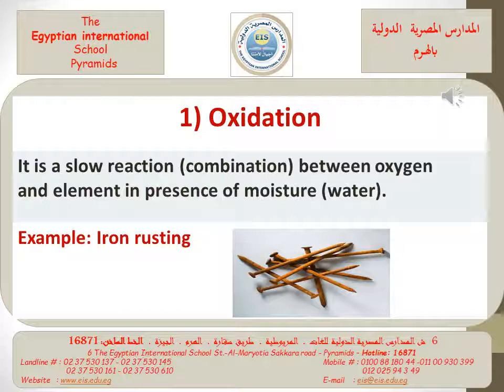That happened because of the oxidation process in which oxygen reacts with iron and forms the iron rusting. Then oxidation is a slow reaction or combination between oxygen and element in the presence of moisture or water.